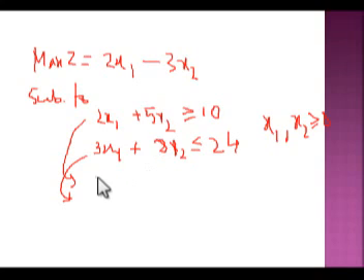In this way, 2x1 plus 5x2, sorry, minus x3, it will minimize, minus x3 is equal to 10.